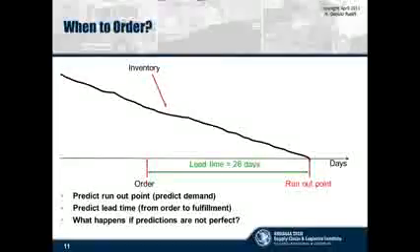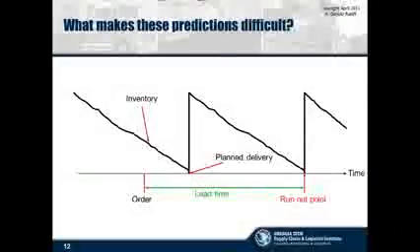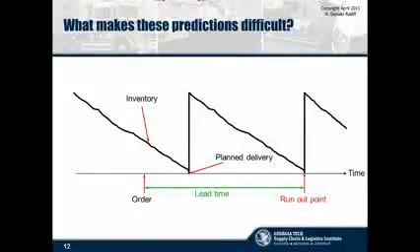And then what I have to worry about is what if this system is not perfect? That is, what if my predictions are not perfect? Well, the first thing to note is that it is often difficult to make a prediction. In order to determine the run-out point, that means that I have to know how much stuff I'm going to sell.